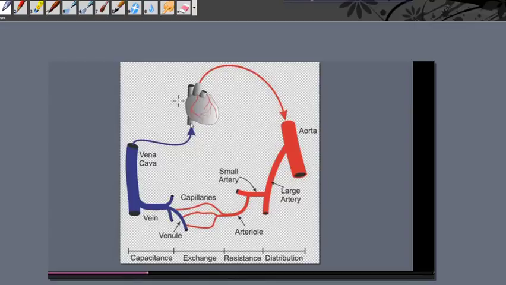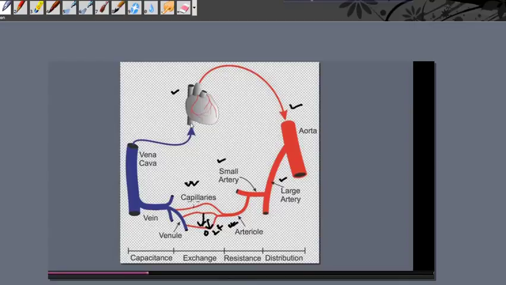In this picture, you can see various components of our cardiovascular system. This is the heart, and from the heart, the aorta arises, and the aorta branches into many large arteries, and many large arteries branch into many small arteries, and many small arteries branch into many arterioles, and many arterioles branch into many tiny vessels called capillaries, and capillaries supply oxygen and nutrition to the tissue, right?